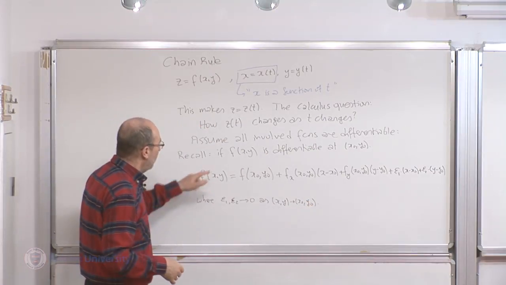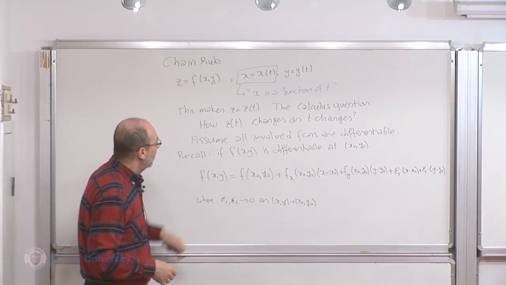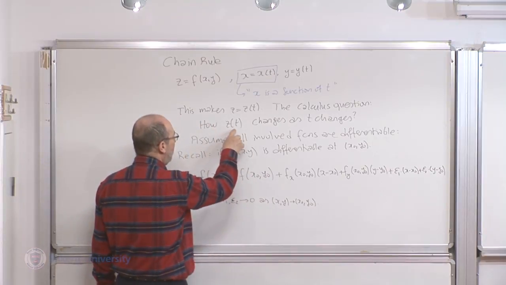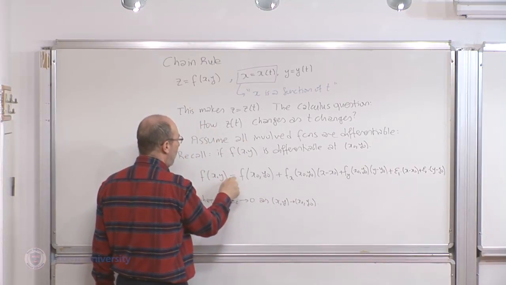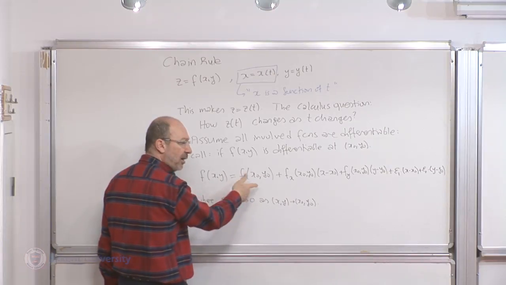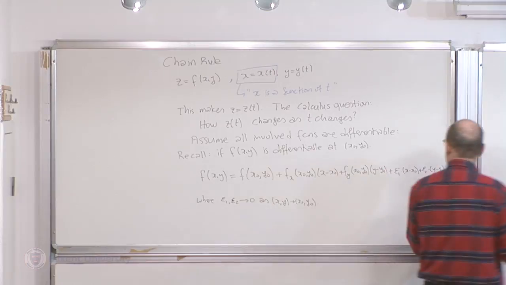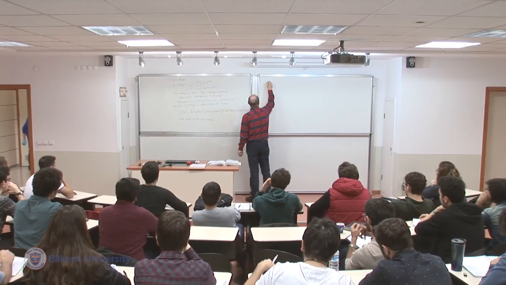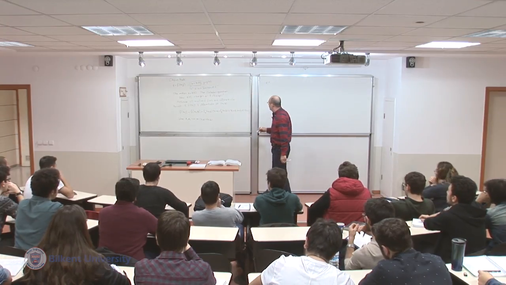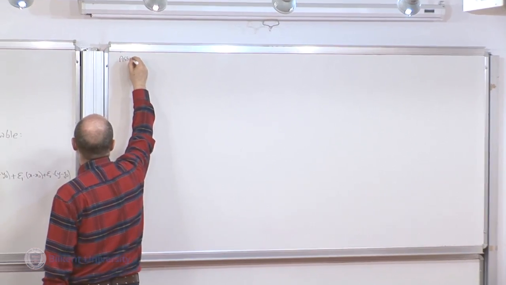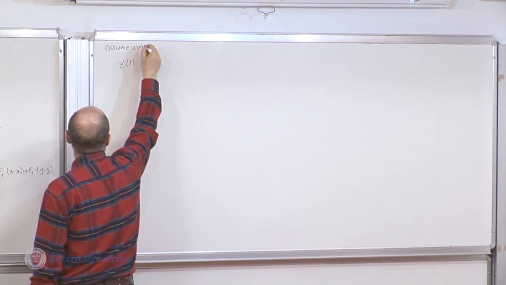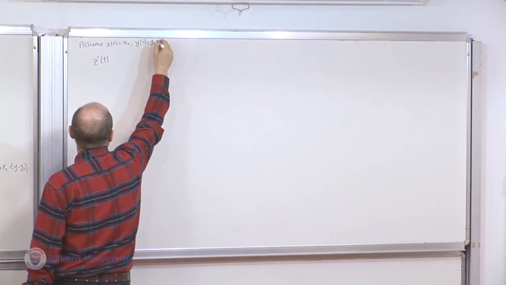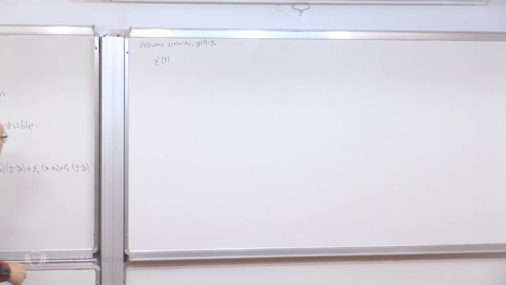Now, in order to answer this, we'll rewrite this and introduce some notation. I'm trying to find the derivative of z with respect to t, so I have to look at this minus this and divide by delta t. So this is what will happen. Let's say z prime of t, and for this we assume, just for notation, that x of 0 is x sub 0 and y of 0 is y sub 0, just so that the notation will be nice.